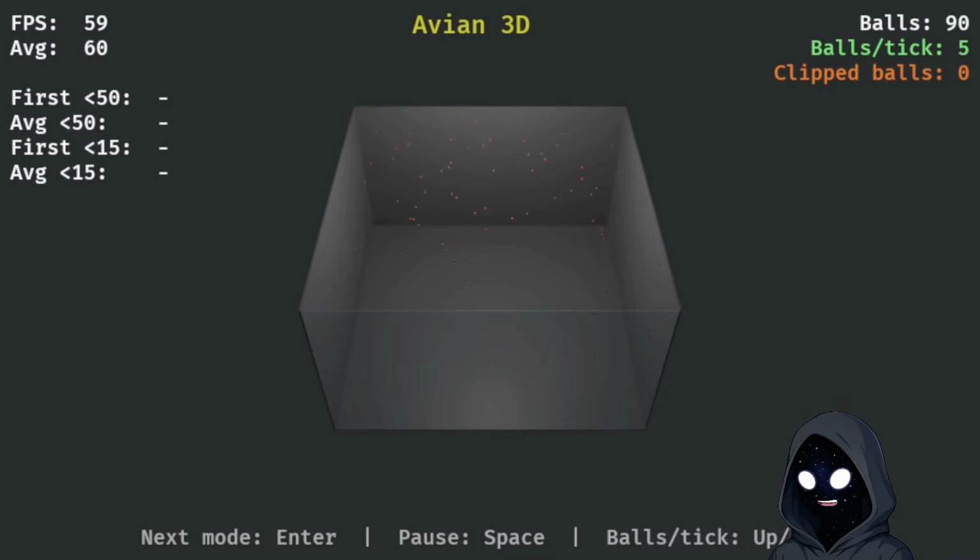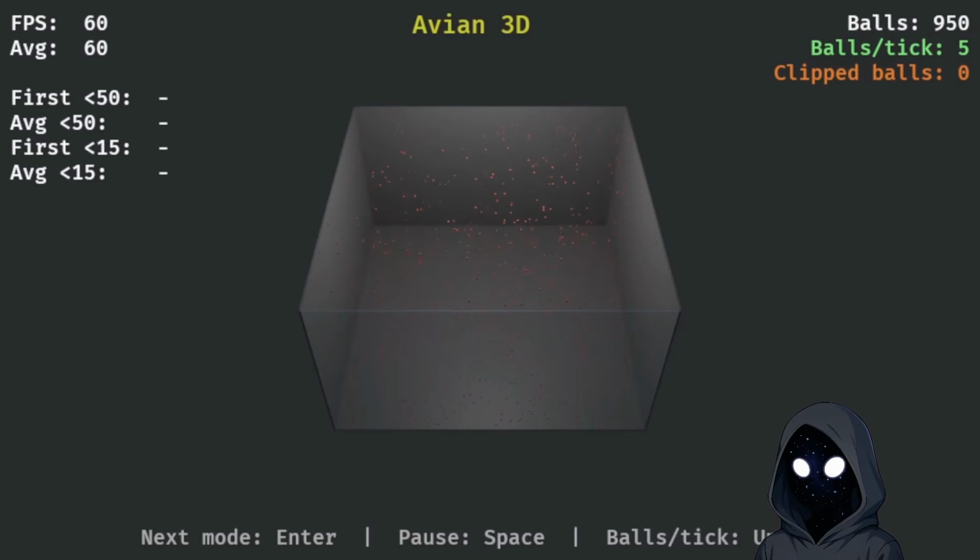Alright, let's have a look at the 3D version. Here we built a box with a transparent wall in the front so that we can nicely see what's happening.